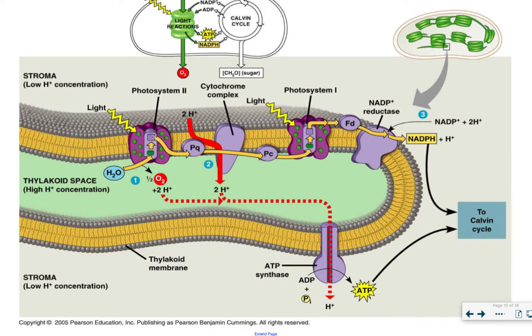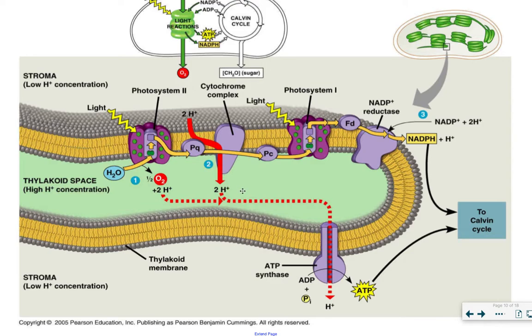So as I was saying before, as the electrons are moving through this electron transport chain, the potential energy that's released will power the cytochrome complex to pump hydrogens from the stroma, where there's a low concentration of hydrogen, into the thylakoid lumen, where there is a higher concentration of H+.